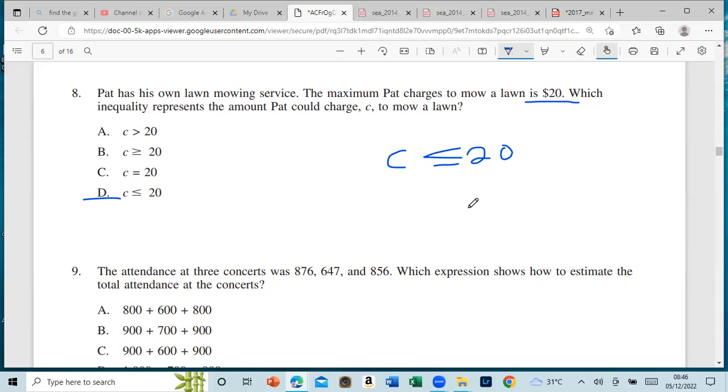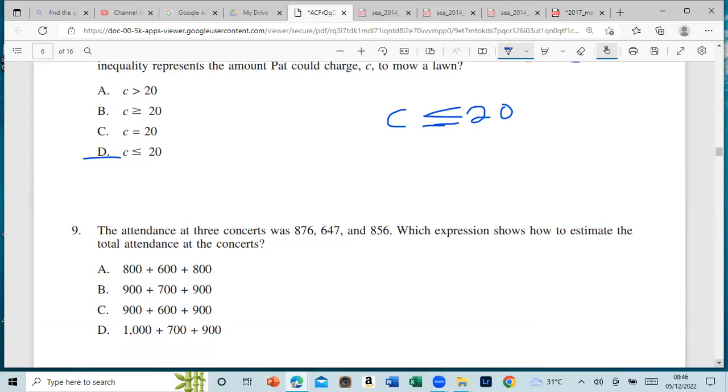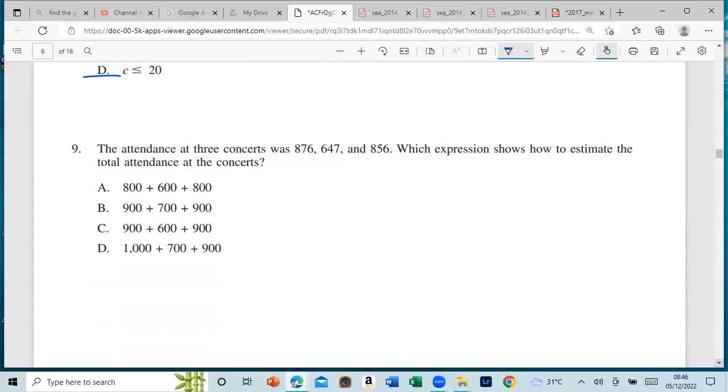Like the reasoning, when I say the maximum, some persons might think greater than. But remember, it says the maximum is $20, so it can't pass 20. It can be less than 20 and it can equal 20. You can't just put less than, because then you're saying you can't charge 20, but you can charge 20 also. So it can be less than or equal to 20.